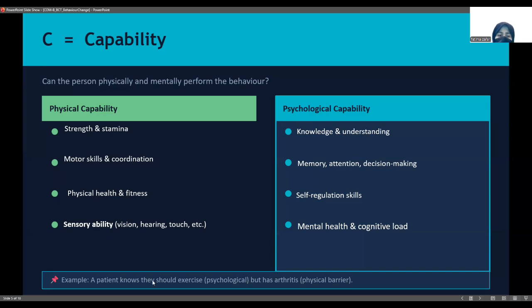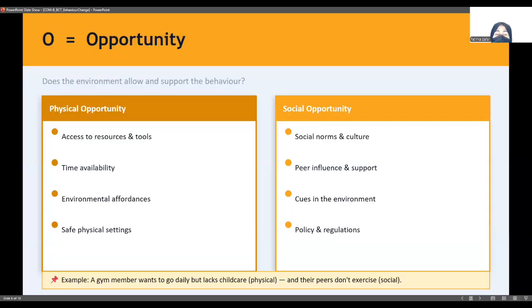For example, a patient knows they should exercise but has arthritis, that is a physical barrier. After that, we have O, that is opportunity. Does the environment allow and support the behavior? In physical opportunity, we see access to resources and tools, time availability, environmental affordances, safe physical settings.